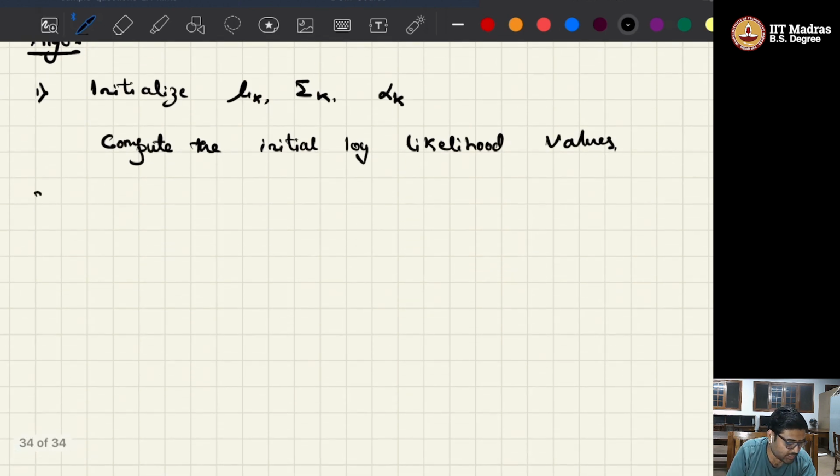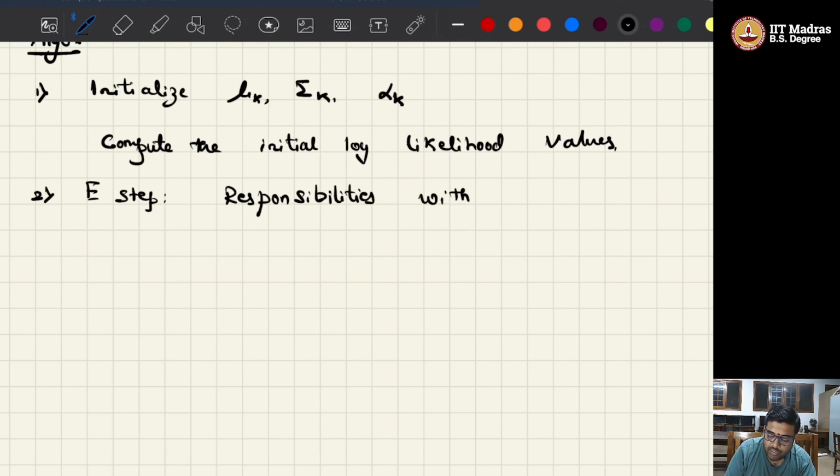The second step is the E step, which is evaluating the responsibilities with current parameters. Now you get gamma ik.